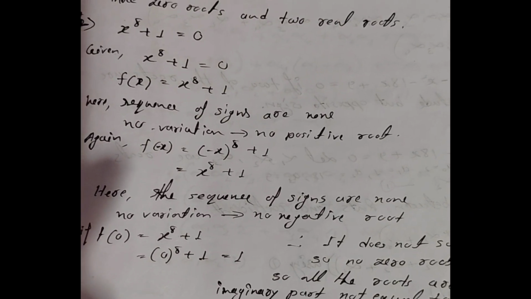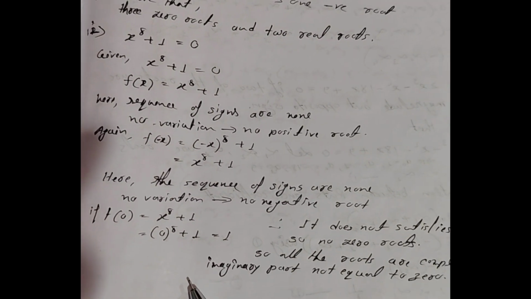There are no changes in sign, therefore there are no negative real roots for the equation x to the power 8 plus 1. Since there are no positive or negative real roots and f of 0 is equal to 1, so no zero roots, all 8 roots of the polynomial are complex roots.